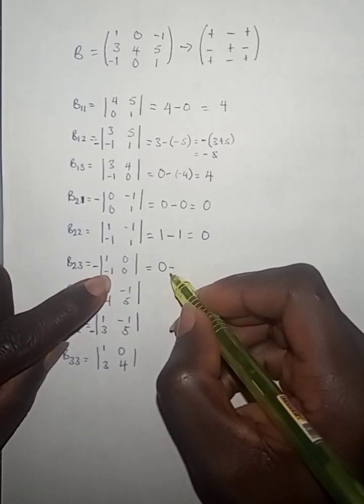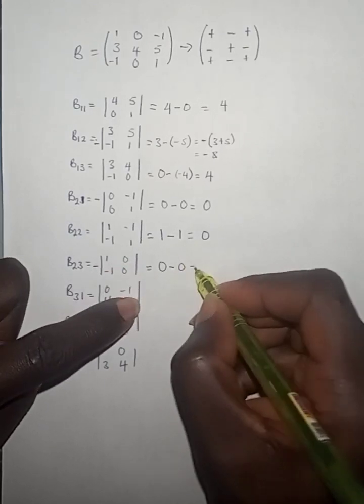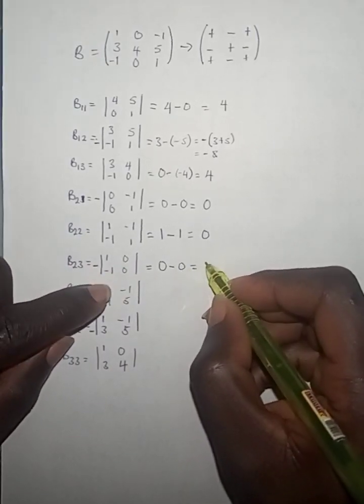Then minus times 0 is 0. And the sign here is minus, which is still 0.